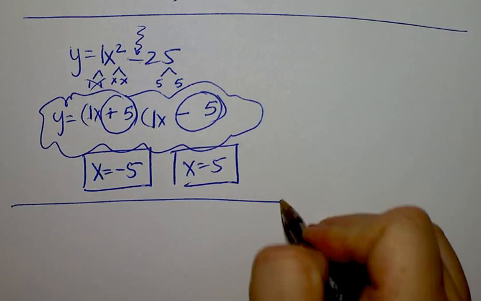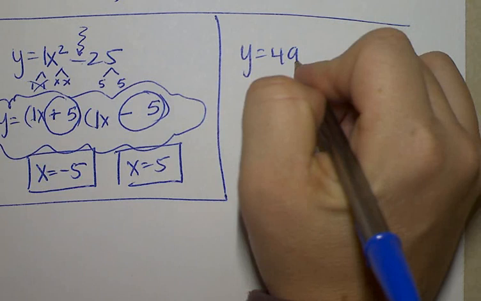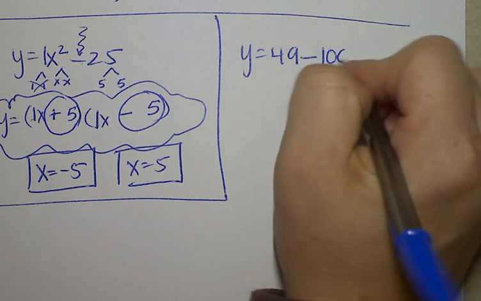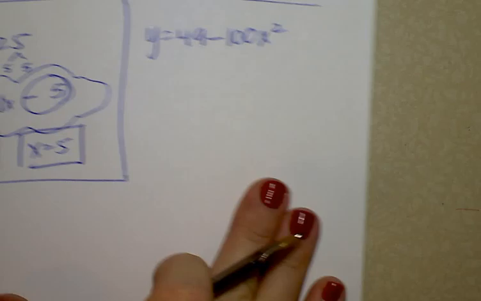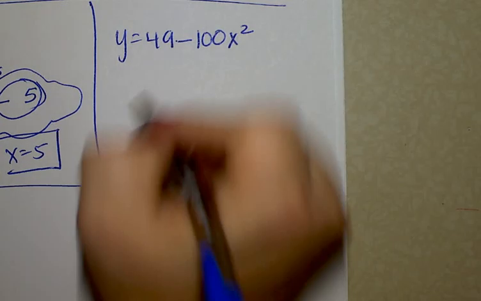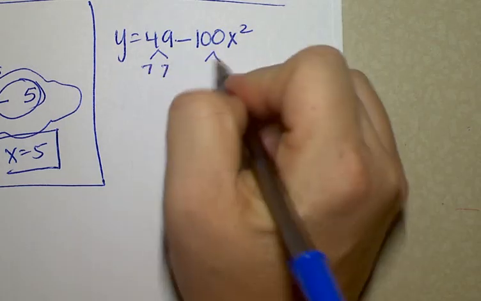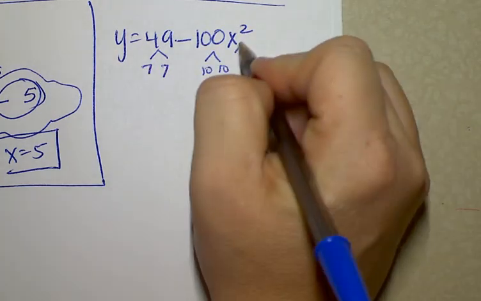Example number 2. Y equals 49 minus 100x squared. This is in standard form. Let's see if we can factor this. Remember, not everything is always factorable, so let's check. So this breaks into 7 and 7, this breaks into 10 and 10, and this breaks into x and x.